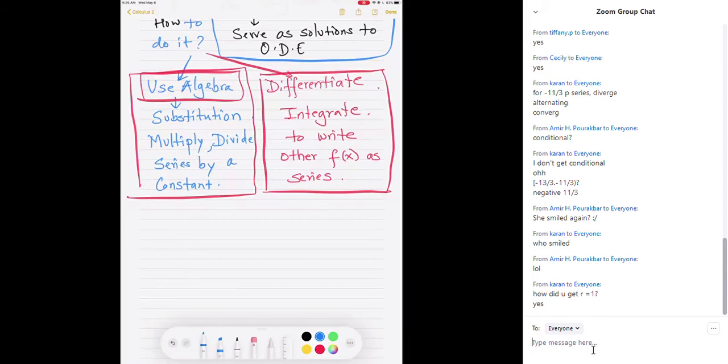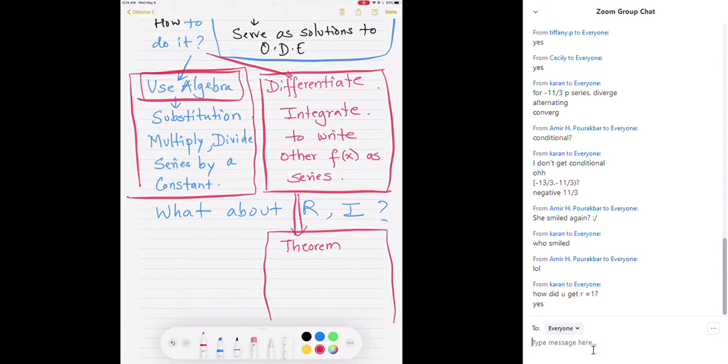The question should be, oh, what about the radius and interval of convergence then? For this part, we're going to use a theorem. So leave some space here. I'm going to come and do the theorem. For this part, leave some space here.